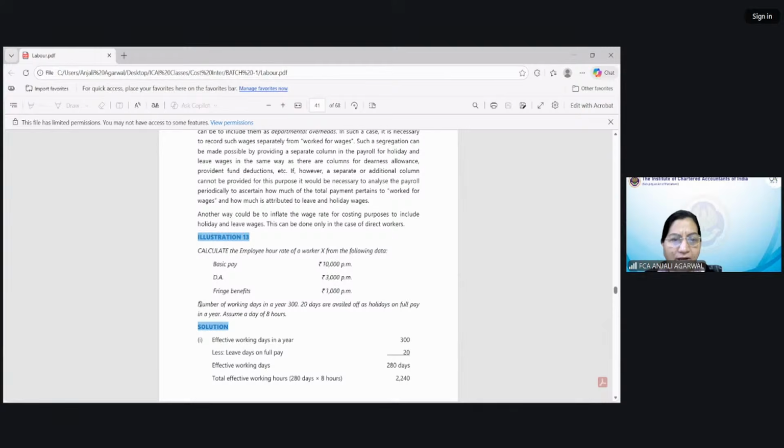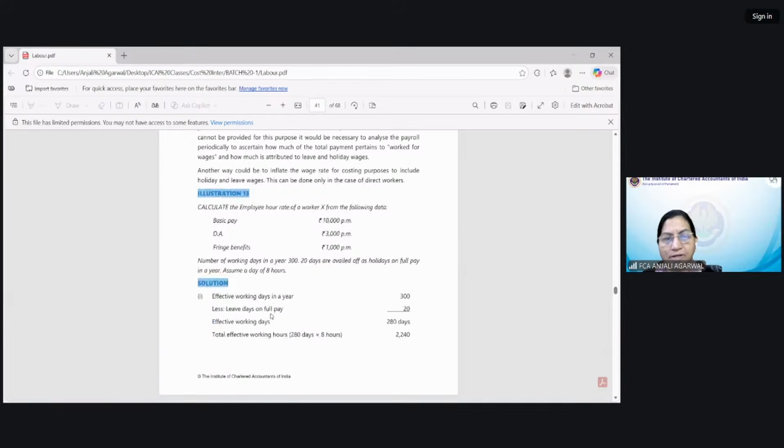So first we will find out how many man hours a worker puts in a year. Out of 300, if 20 days he does not come, he is coming only for 280 days, 8 hours per day. So 280 into 8, that means 2,240 hours.